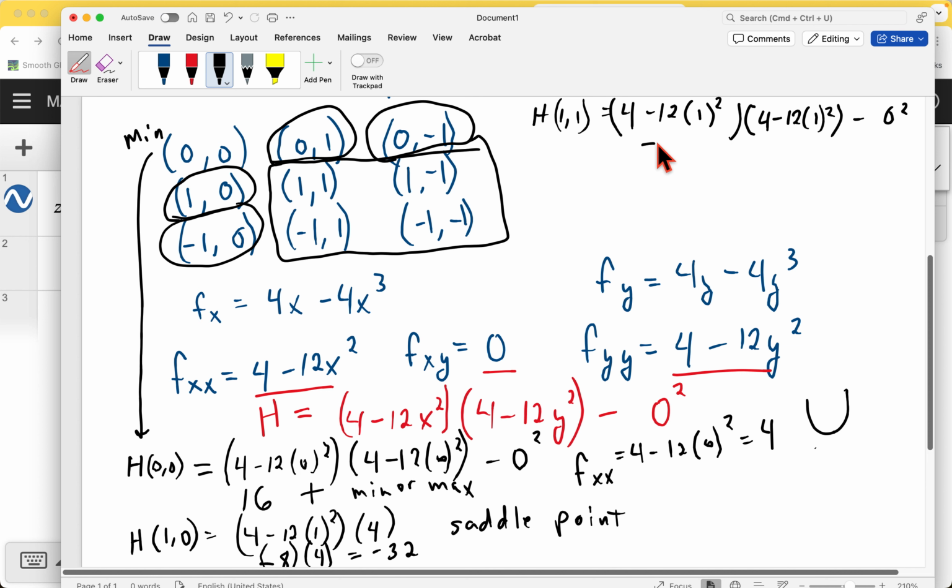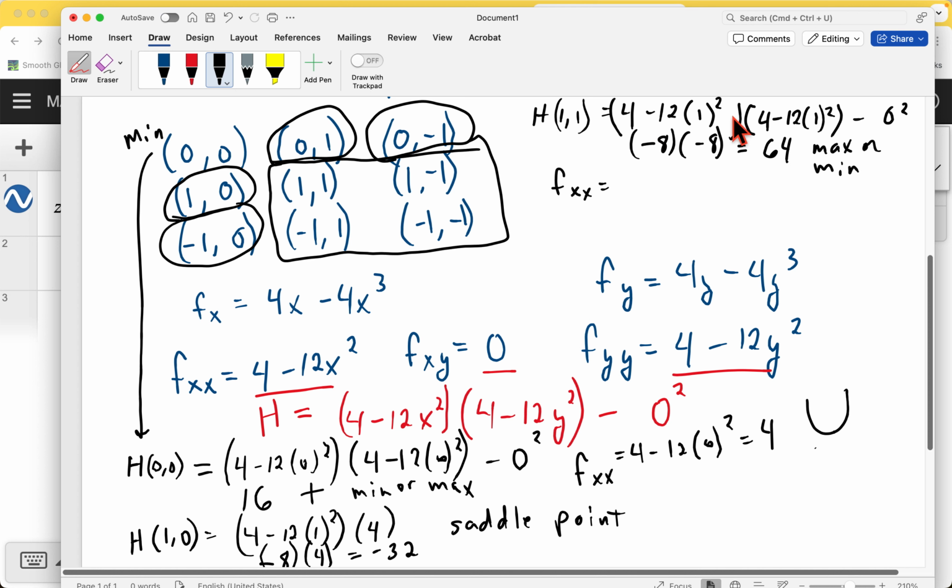In this one, 1 squared is 1 times negative 12. 4 minus 12 is going to give us a negative 8. Here, we're going to get negative 12 times 4 minus 12, which is negative 8. Negative times a negative is positive, 64. So that tells us we have a max or a min, because it's a positive value. To determine which one we have, we look at f of xx, just that part.